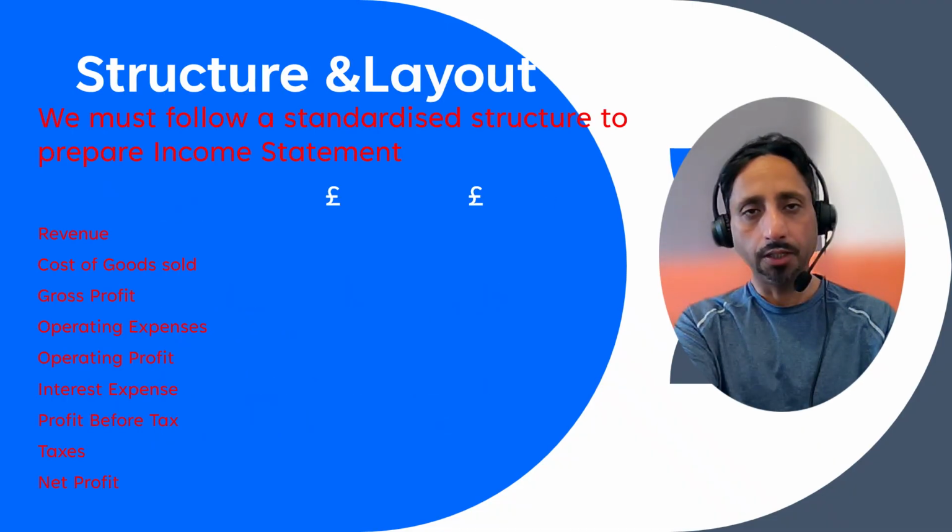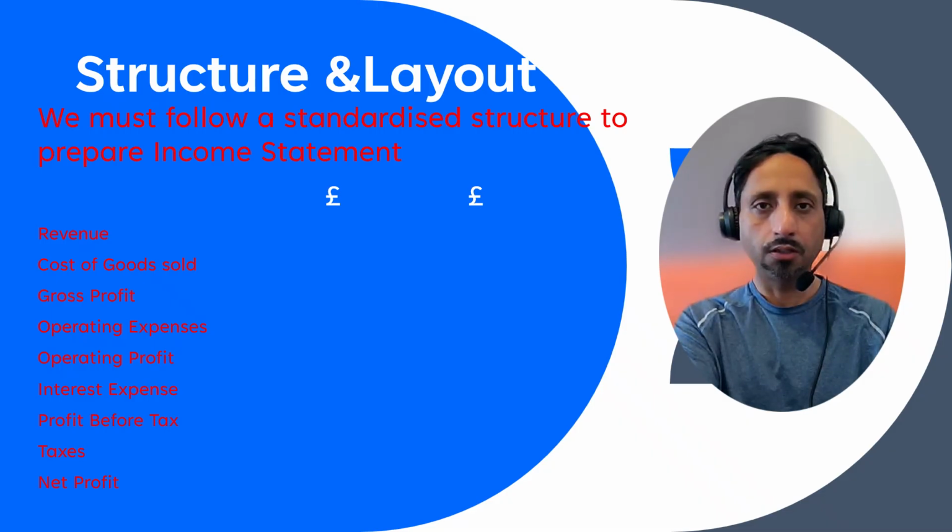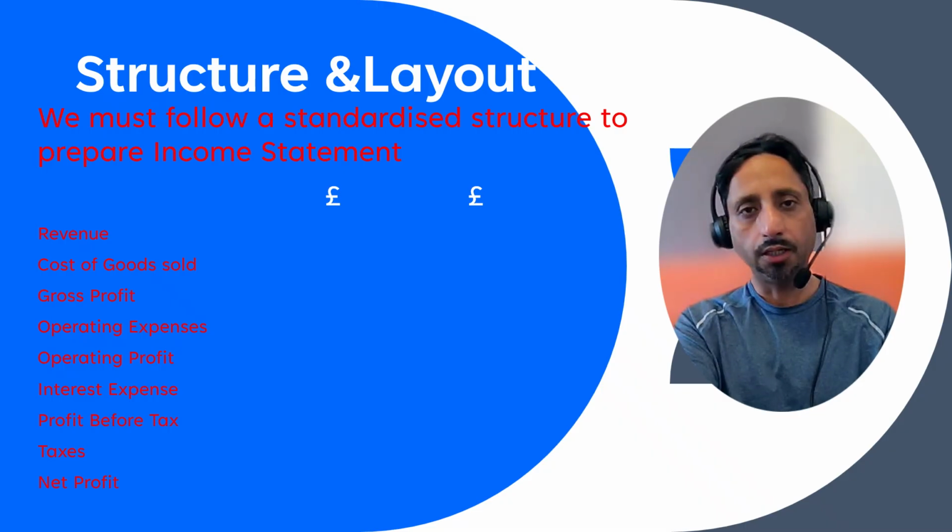So we have to bear in mind that when we are preparing an income statement, we have to follow a standardized structure and layout. That is done to have standardization, so that every corporation has the same structure and layout when presenting the income statement. And the reason is that every ordinary person, the general public, can understand and can compare the financial performance of different corporations.